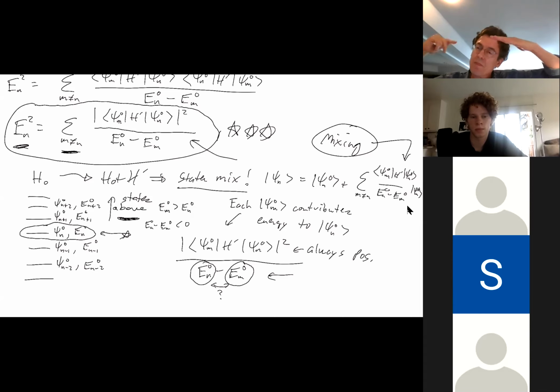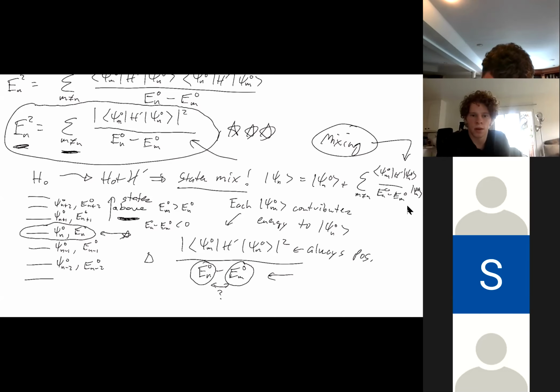So what does that mean? The states above are contributing energy to the state we're talking about via this second order perturbation theory. What is the sign of the energy that they're contributing to that state, the state we're talking about? What is the sign? Negative. That's right. Because I'll write it like this.